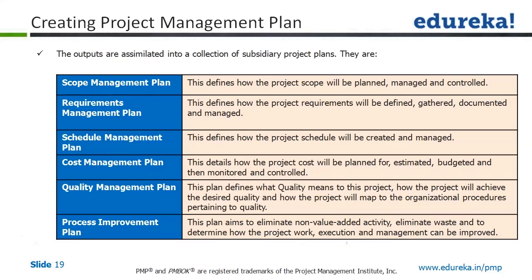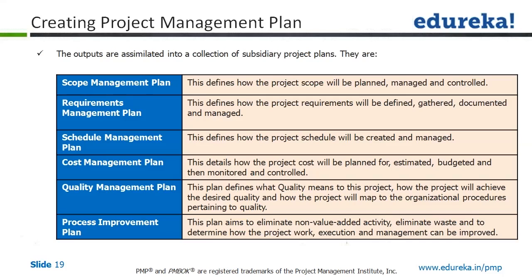The outputs from other processes means, let me start with project scope management first. The first is the scope management plan. That is the output from the fifth knowledge area, after the fifth module, which is the second knowledge area. The scope management plan would be one of the outputs. The requirements management plan would be the second output from the scope process.